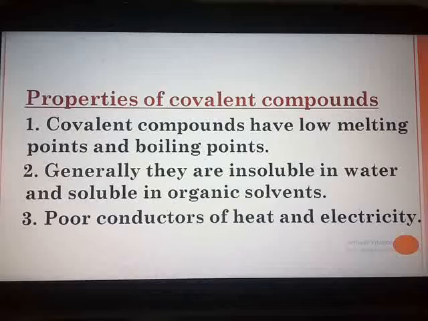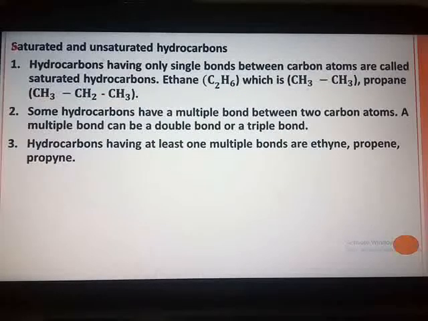Our next topic in short is saturated and unsaturated hydrocarbons. We have seen what is a hydrocarbon. Now, this carbon atom, its main property is it can form a chain of carbon atoms by forming covalent bonds with other carbon atoms.